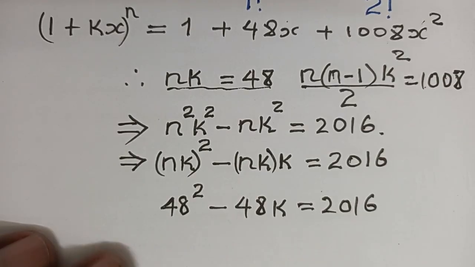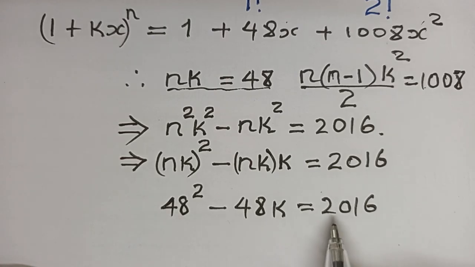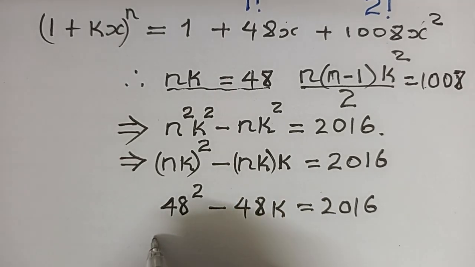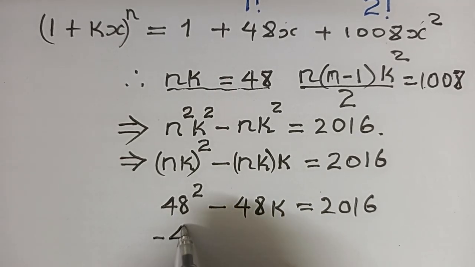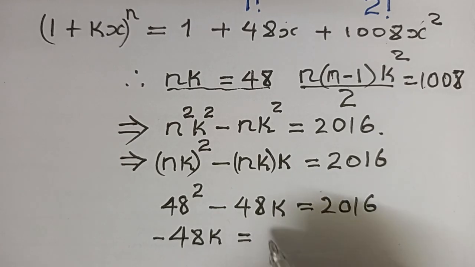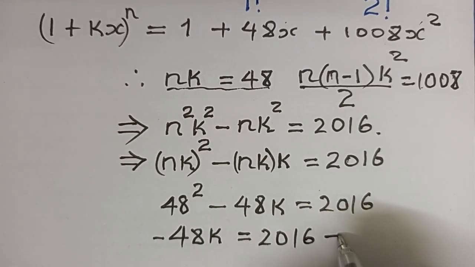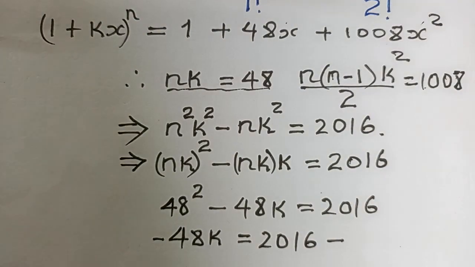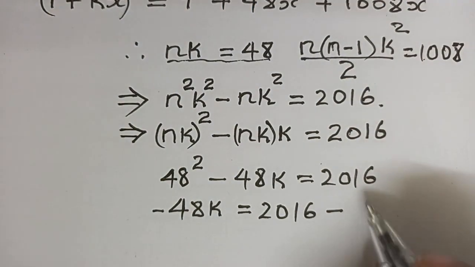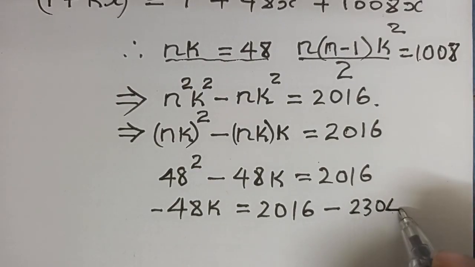And so therefore, we can now evaluate for k. And k can remain on this side, minus 48k. This is now equal to 216 minus 48 squared. 48 squared is 2304.